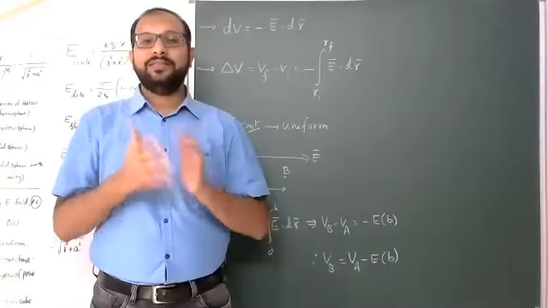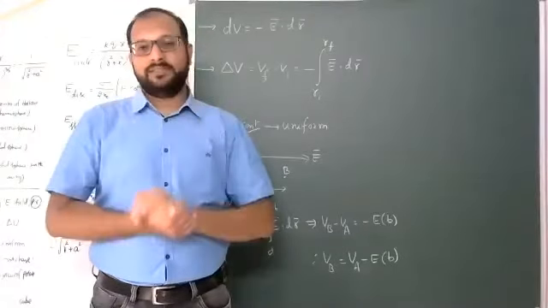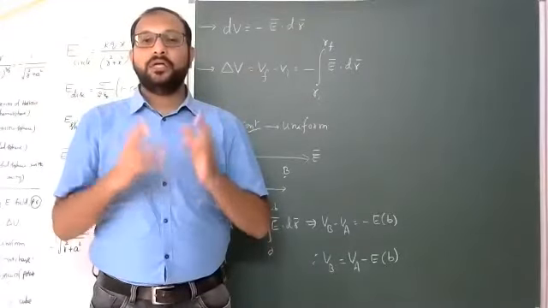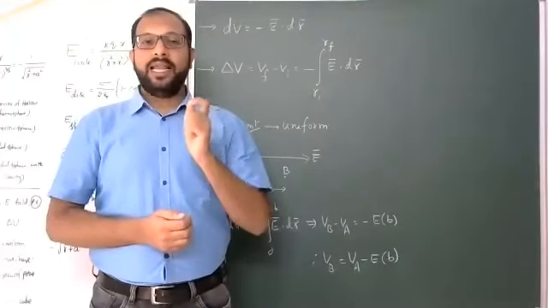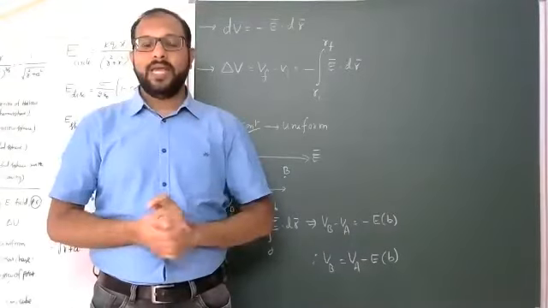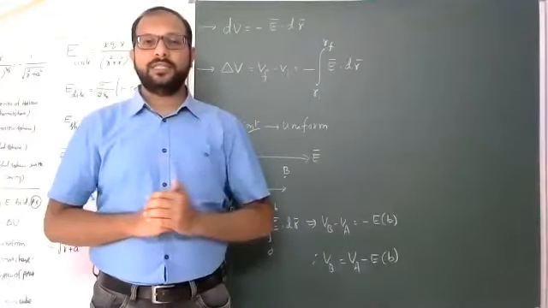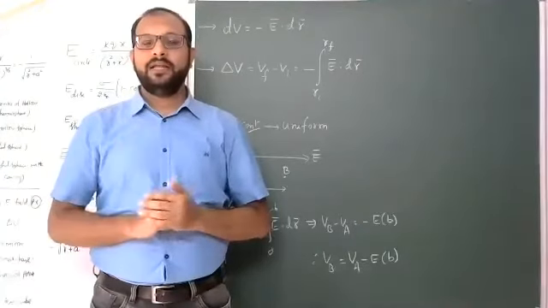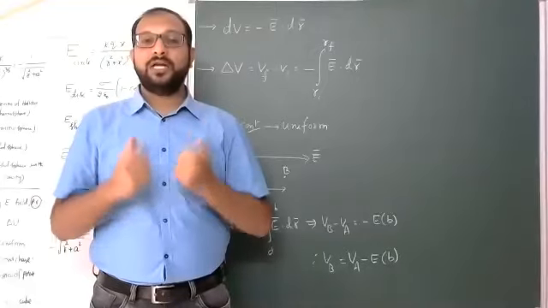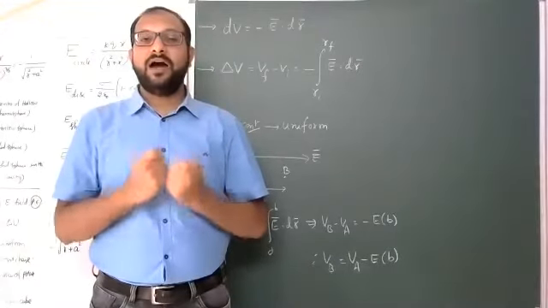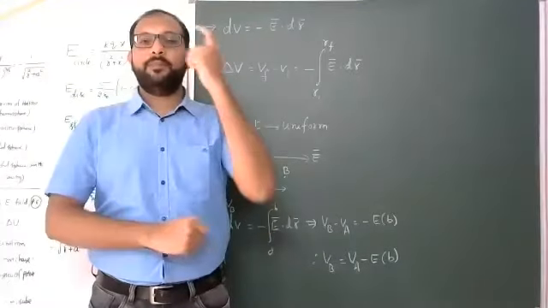To understand the strength of influence, two parameters were introduced: number one, electric field strength, and the next one, electric potential. These two parameters estimate the strength of influence or electric force at a particular point.